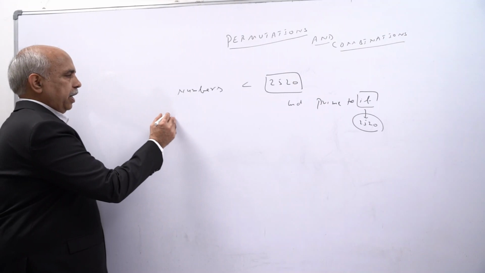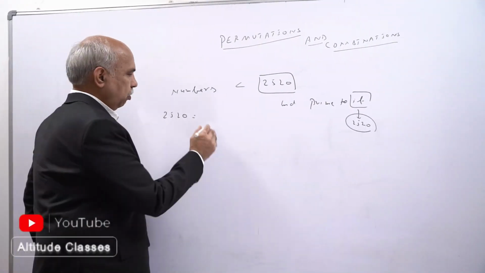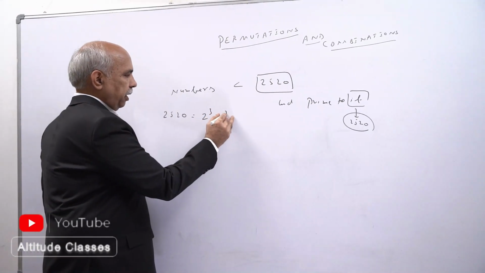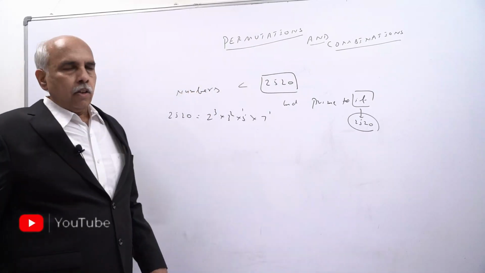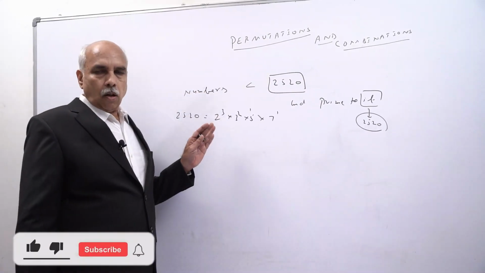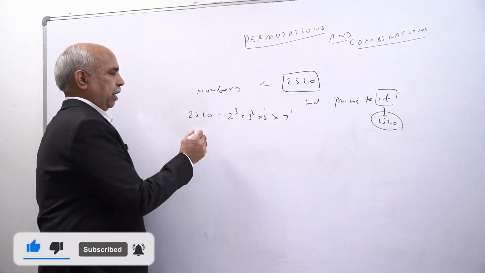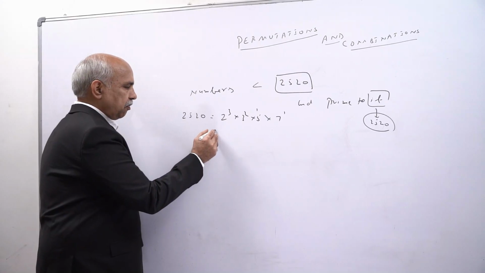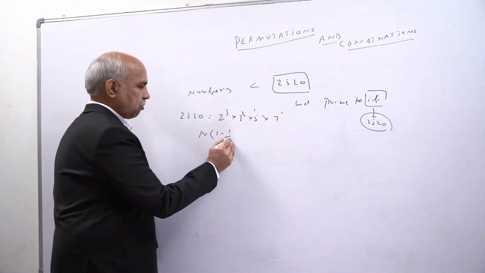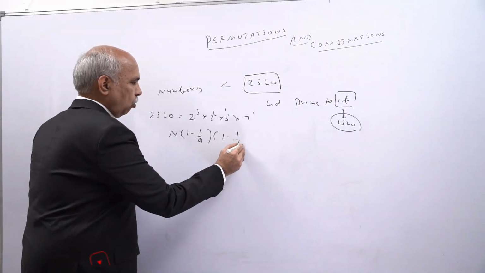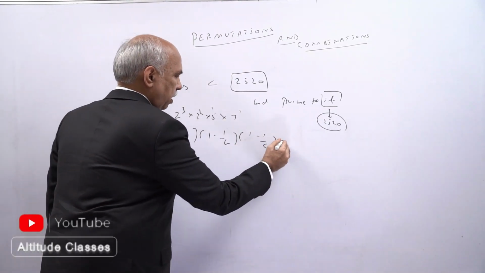If I am dividing 2520 into factors, what do I get? 2 cube into 3 square into 5 into 7. Now because the number is big, obviously I cannot list out all the numbers. So the number of ways is nothing but, I'll just write down a formula. It is n into 1 minus 1 by a into 1 minus 1 by b into 1 minus 1 by c and so on.